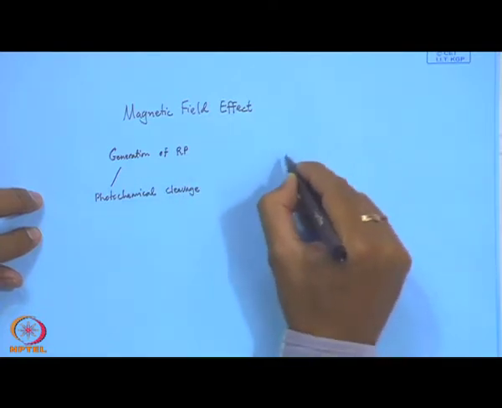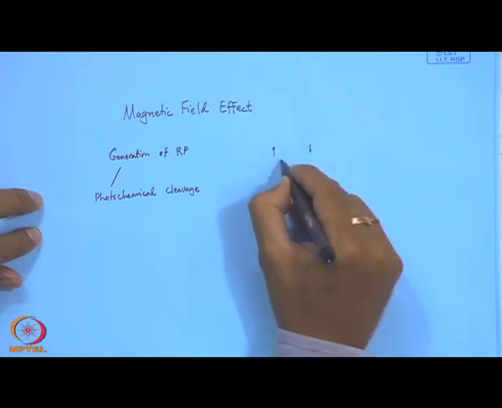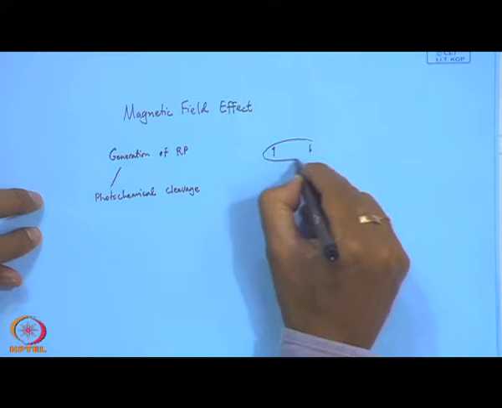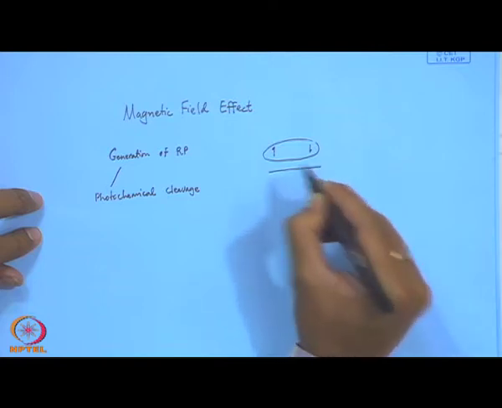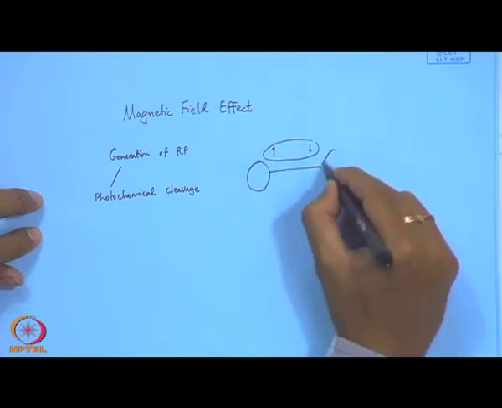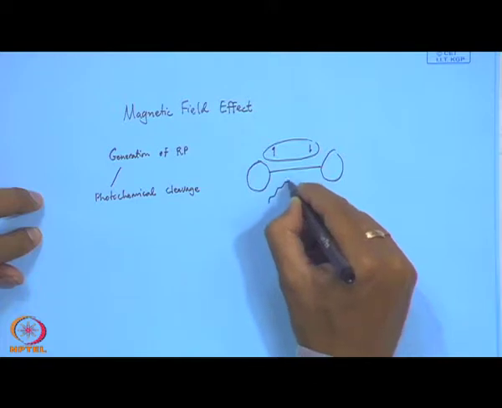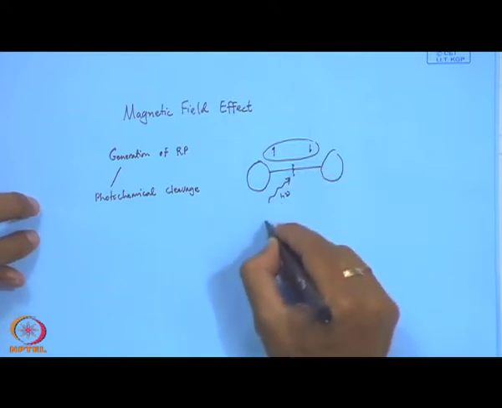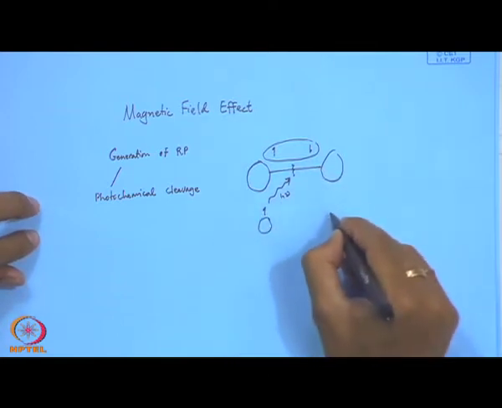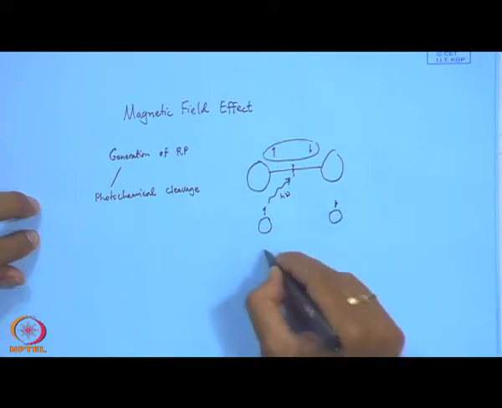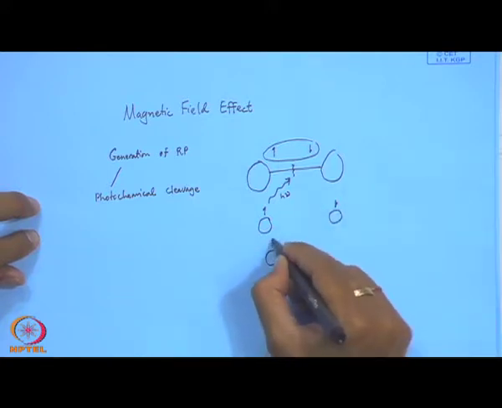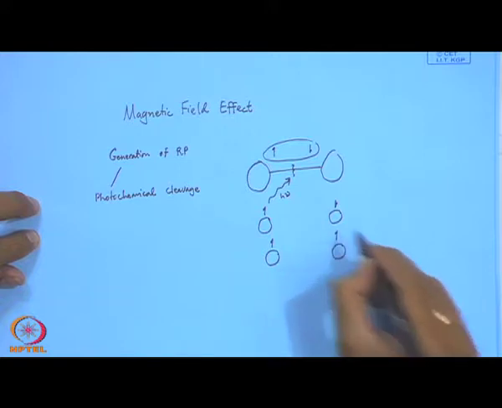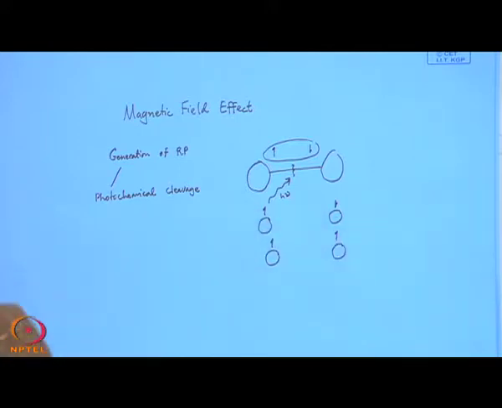Photochemical cleavage means you have, say, a single bond with one part of the molecule and another part of the molecule, and when you shine radiation, this bond ruptures, so that one part has spin up and the other spin down, or this part has up and that part also up. Depending on this relative orientation, you can have a singlet state or a triplet state.